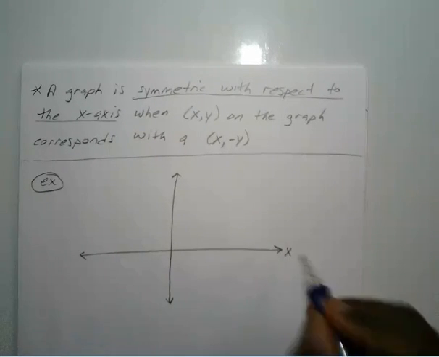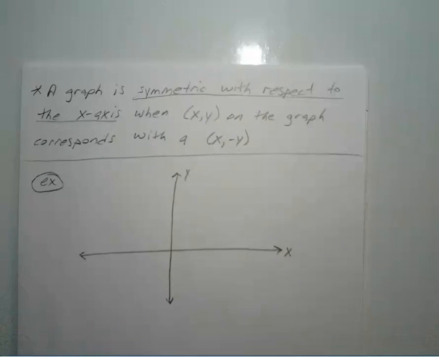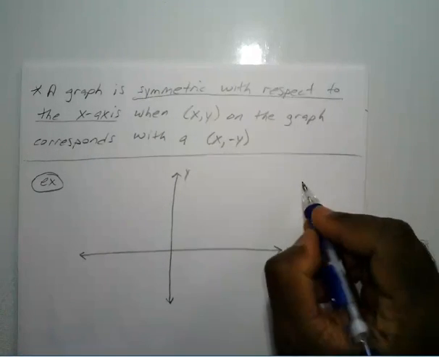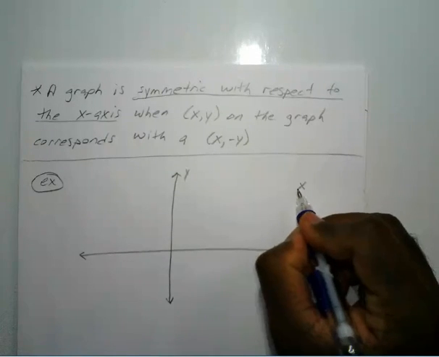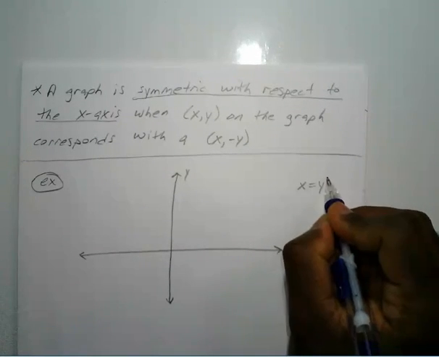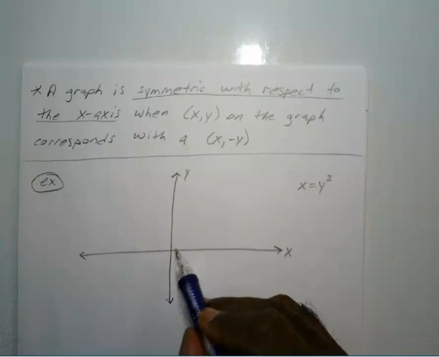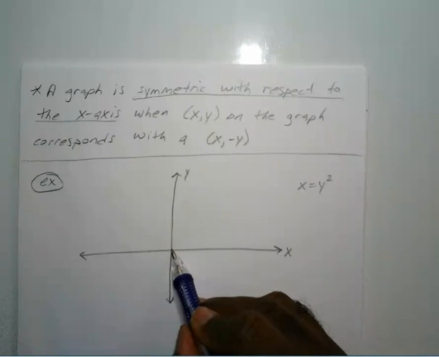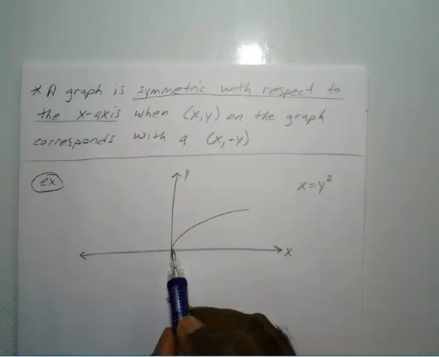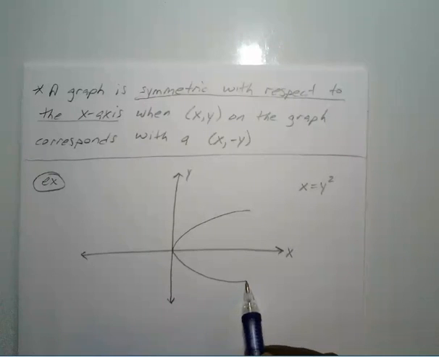We have our x and we have our y. This time we're going to graph x equals y squared. It kind of looks like y equals x squared. The only difference is it's a parabola that opens up sideways.